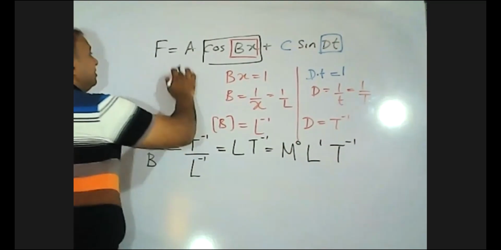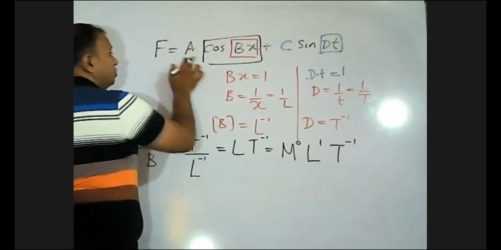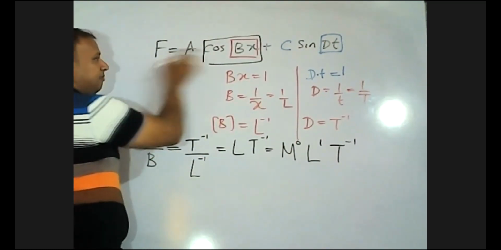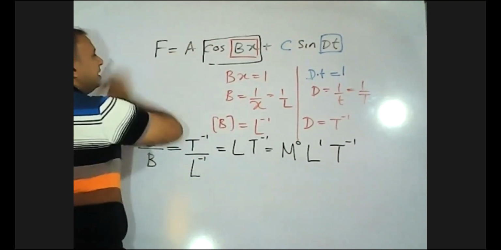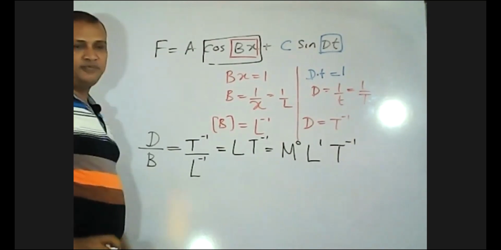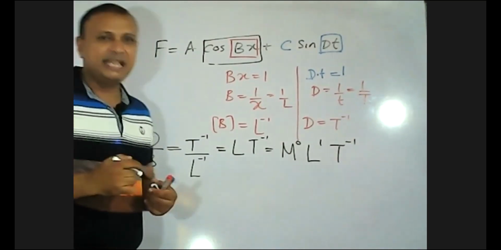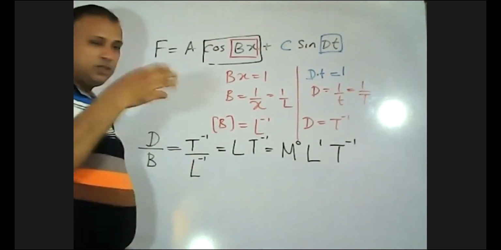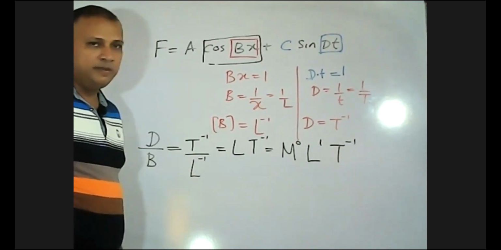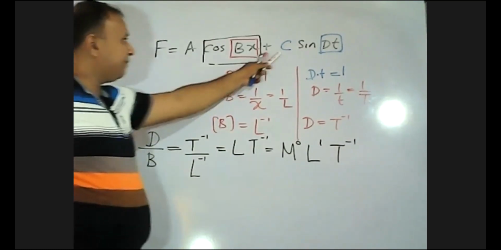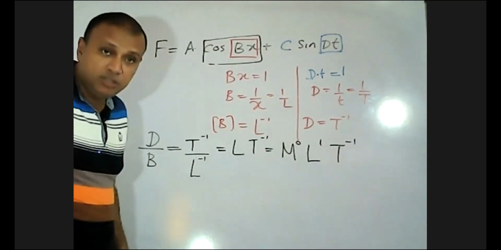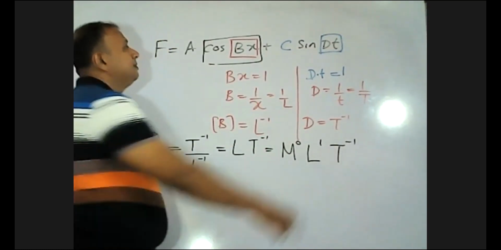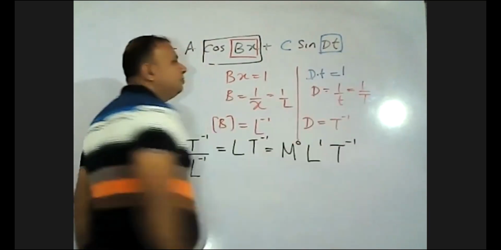Therefore, this entire part should be equal to F, but this part is equal to 1. That means A is equal to F. That's why the dimension of A is equal to the dimension of F. Same with C, the dimension of C should be equal to the dimension of F, because sin dt doesn't have a dimension.